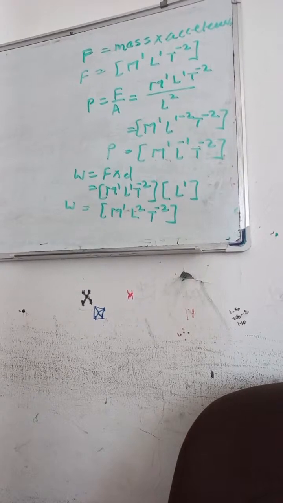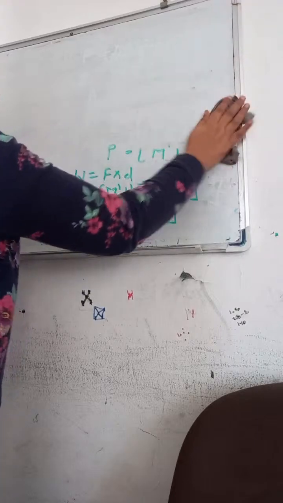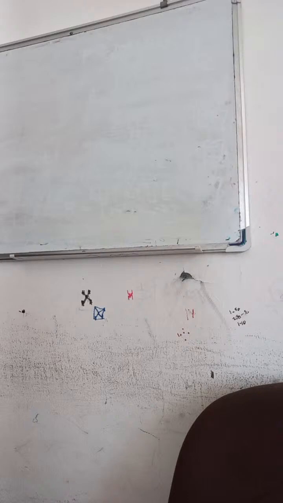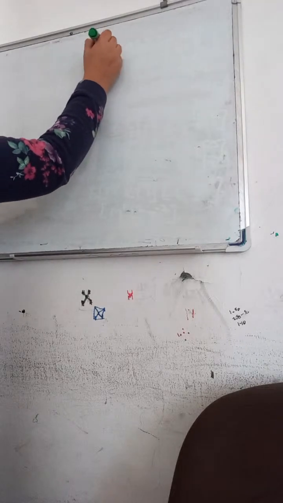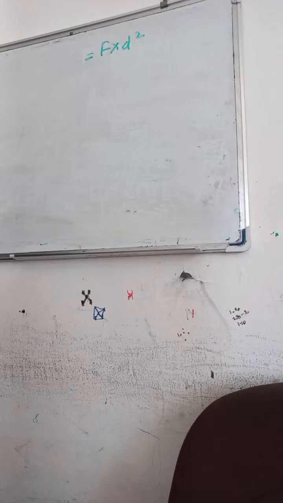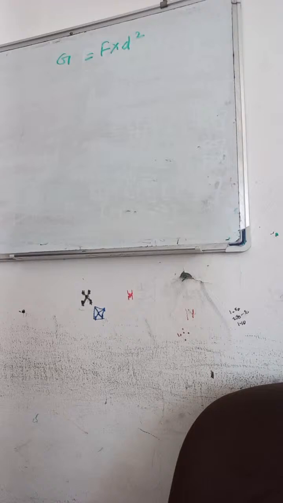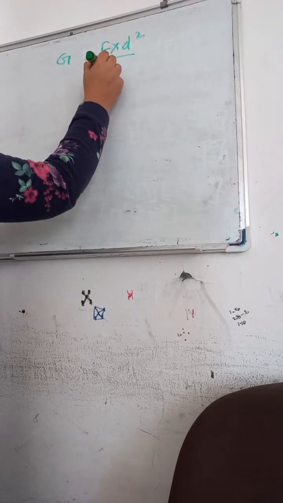Okay, so now if we take the gravitational constant. Whenever we study the concept of gravitational force, after deriving the final expression we get the gravitational constant, and that gravitational constant, capital G, is nothing but force into distance square, F into D square, divided by the product of the masses, mass into mass, or mass raised to 2.